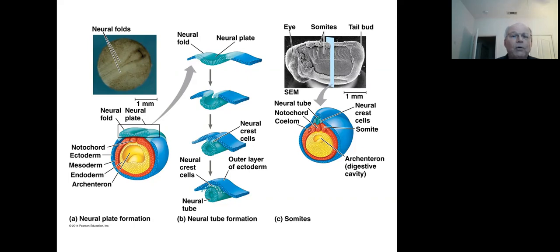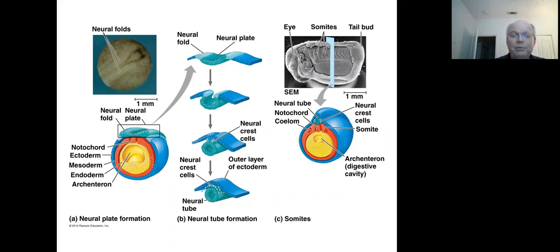What you should also bear in mind here is the gut cavity, so here you can see the archenteron, or if we were talking about a functional gut, which this is not in the frog, which has a mouth and an anus, that would be a true gut. That gut cavity does not count as the body cavity.